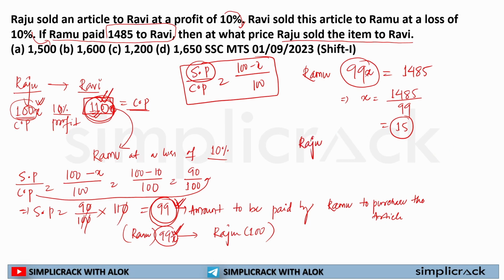Raju sold to Ravi at 110x, because we do not know the exact value, that's why we considered it as 100x. Okay, so Raju sold it at 110x, or I can write it 110 multiplied by 15, or 1650. This is the answer.